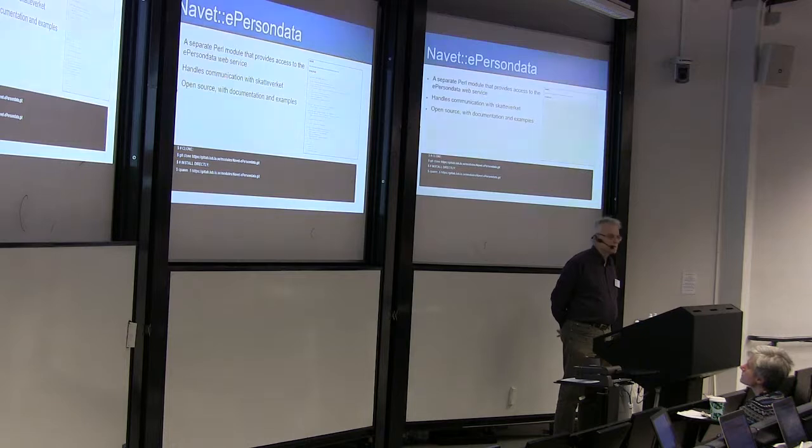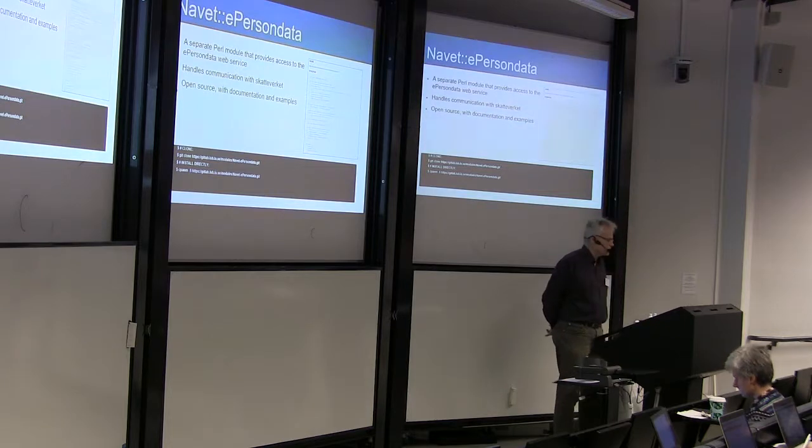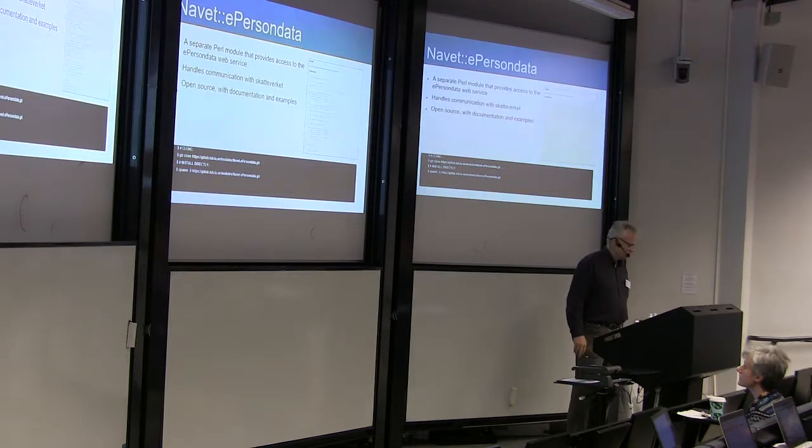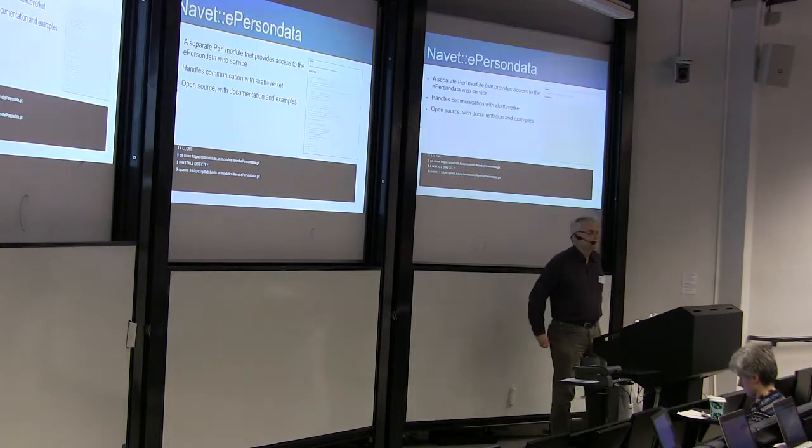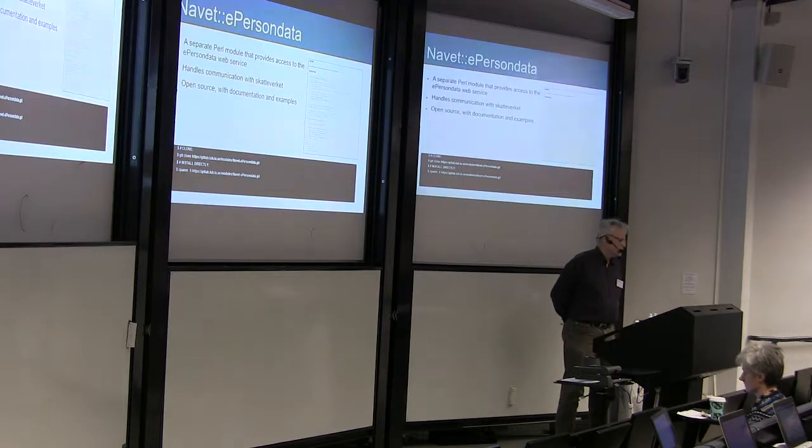It's open source, so anybody is free to use it. It has documentation with examples, and you can either clone it if you want to look at the code or modify it, or you can just install it directly and then use it.